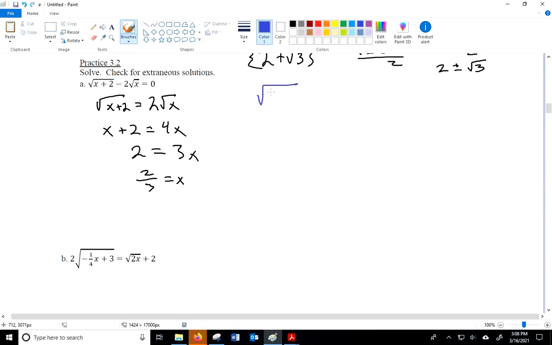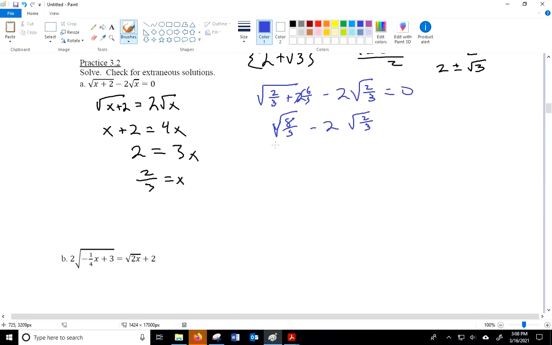Let's take a look. When you plug in the 2/3, you get 2/3 plus 2 minus 2 times the square root of 2/3. And we've got to make sure these two numbers are equal so that it equals 0. Getting a common denominator makes this a 6/3. So this becomes the square root of 8 over 3 minus 2 times the square root of 2 over 3.